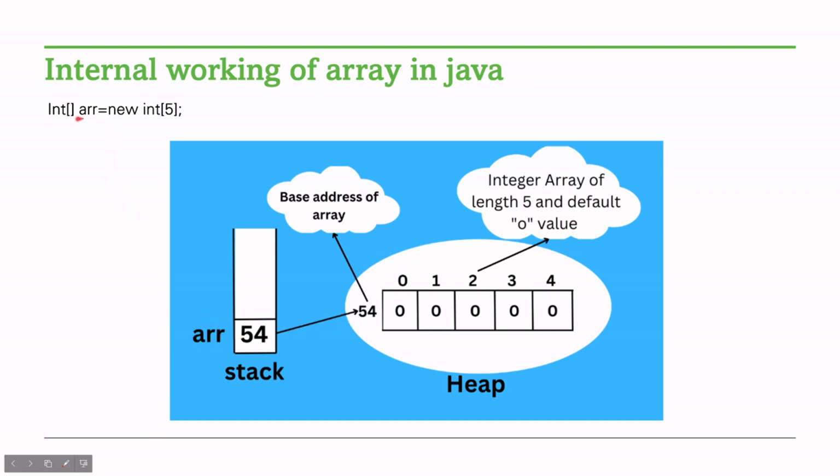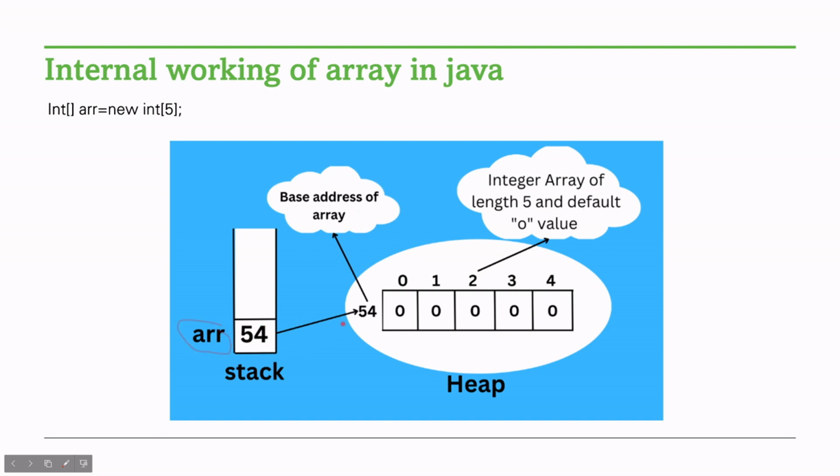As you know, arrays are a reference data type, so the reference to the array is stored rather than the data here. So we will store 54, the base address where the array is in the heap, in this variable.